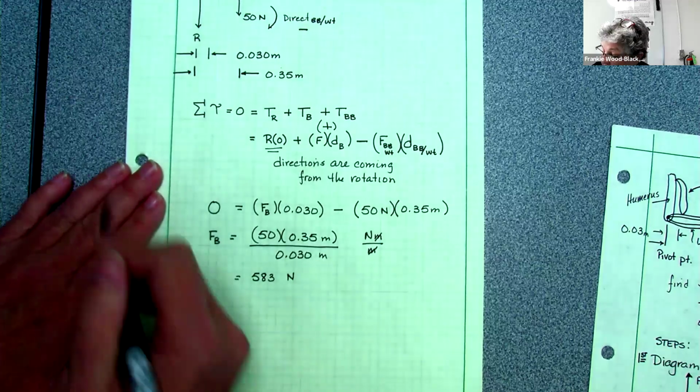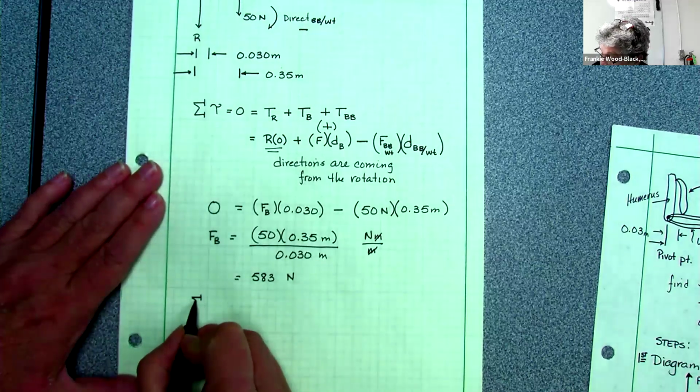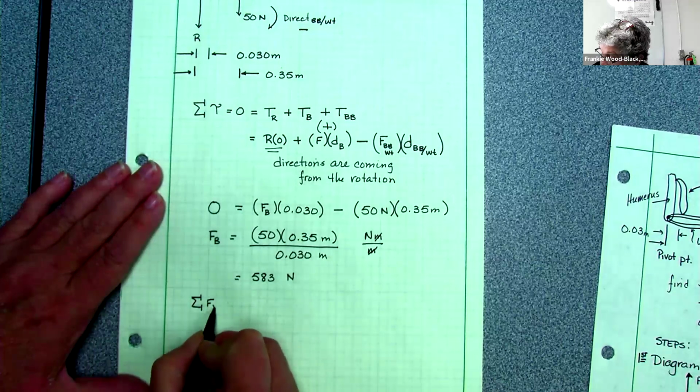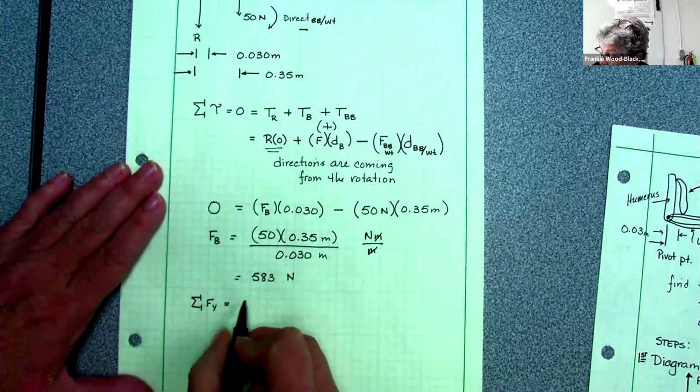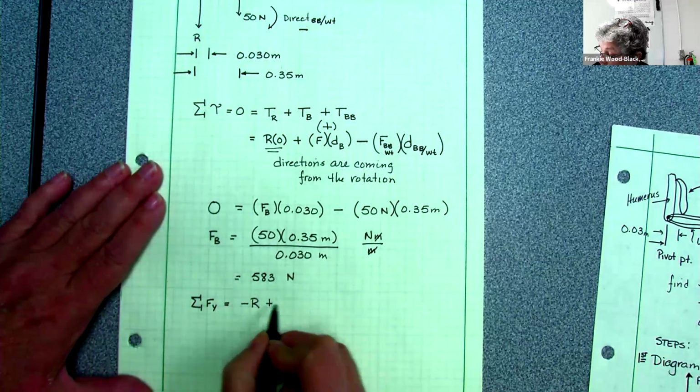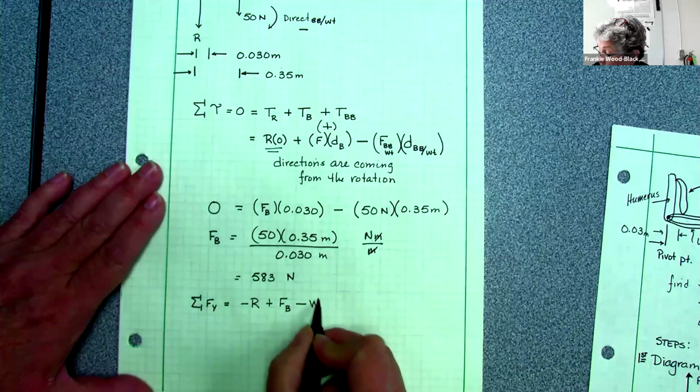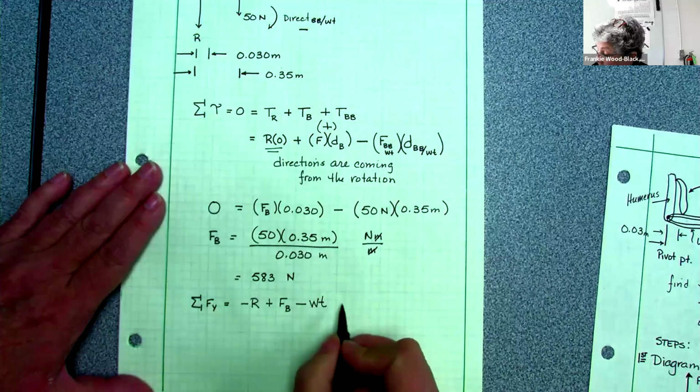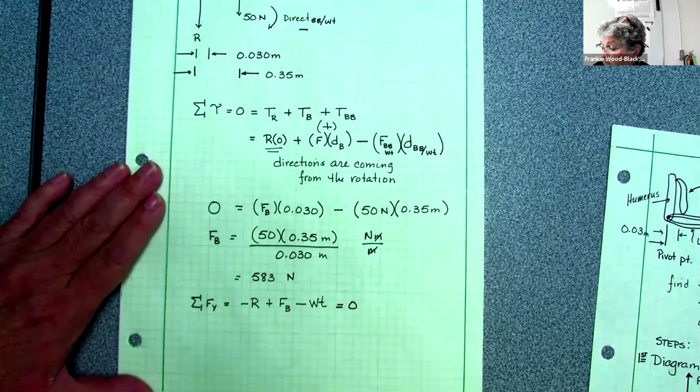Now, in order to find R, I've got to do the sum of the forces in the Y direction. R is going downward, F_B is going upward, and my weight is going downward, and that's got to equal 0.